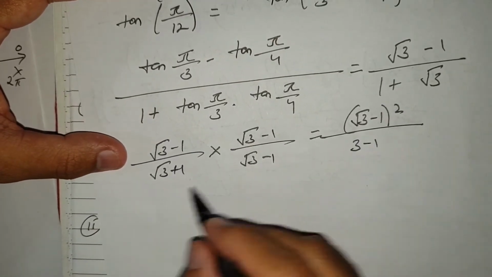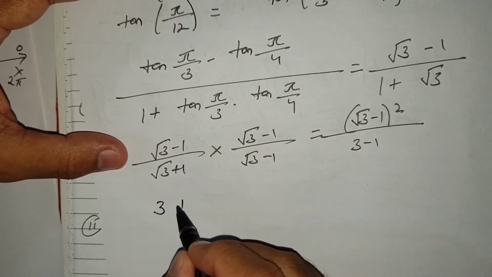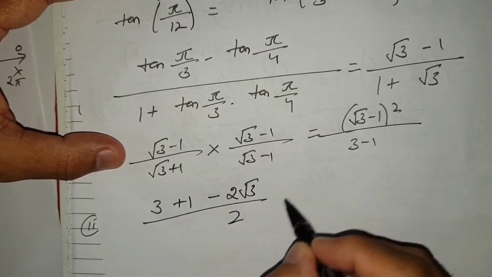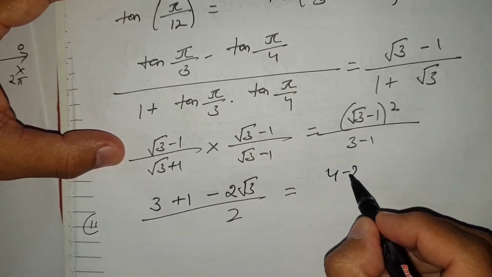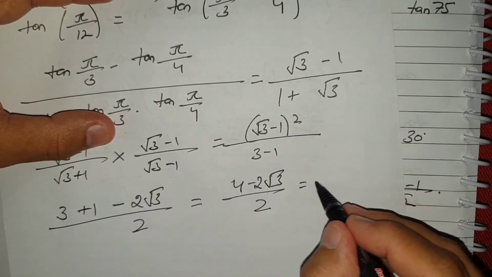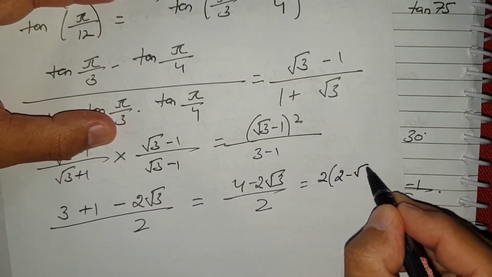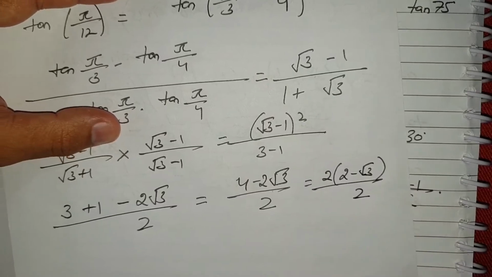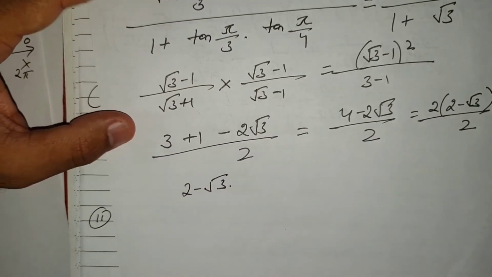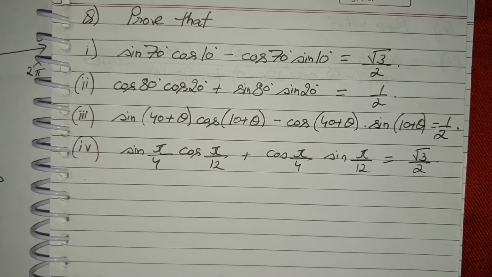The numerator is a square plus b square minus twice ab, upon 2. So this is 4 minus 2 root 3 by 2. Take 2 common: 2 into 2 minus root 3 by 2. 2 cancels. So the answer is 2 minus root 3. That is the answer. Some more examples.